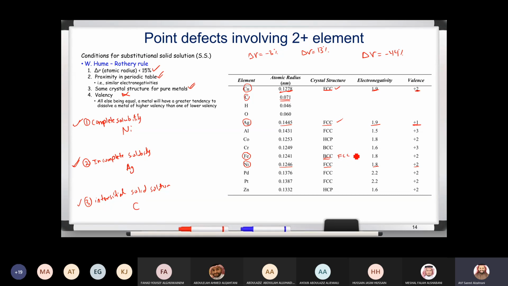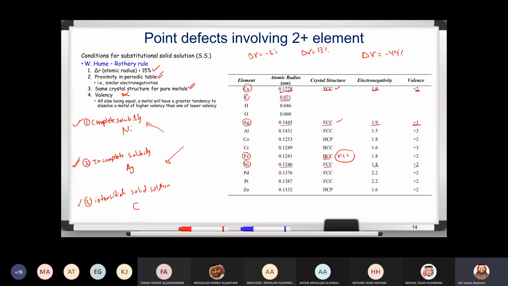So we can say that at high temperature, iron will have complete solubility, but at low temperature, it will have incomplete solubility. It's true that some elements have different valence, but what we are concerned with is, at that valence, whether that element will have solubility or not.